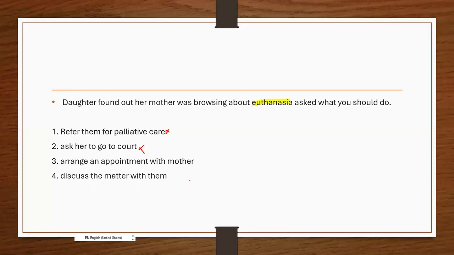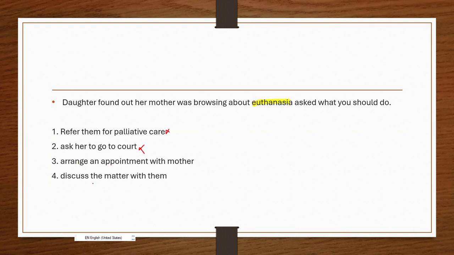That is the first step that you should do before you take any other step. So for that, you are not going to discuss it together, because the mother needs some privacy to discuss the problem that she's having. So the best thing you can do is first talk to the mother alone and check whether she's actually searching about euthanasia and whether she actually needs to undergo that, or what is the problem that she's having. And then you can sort it out.